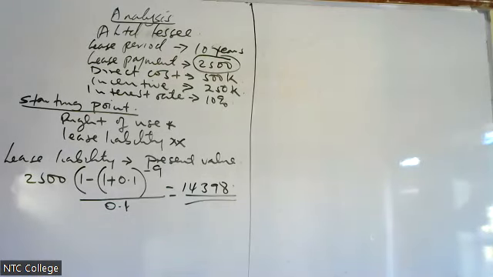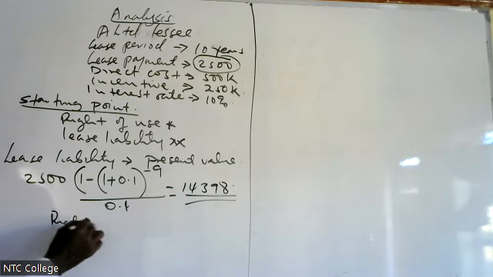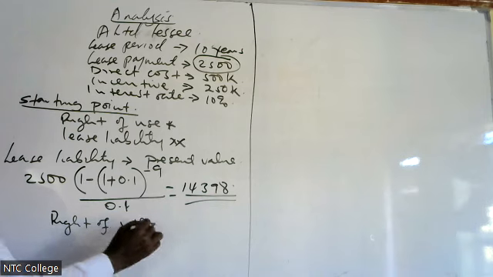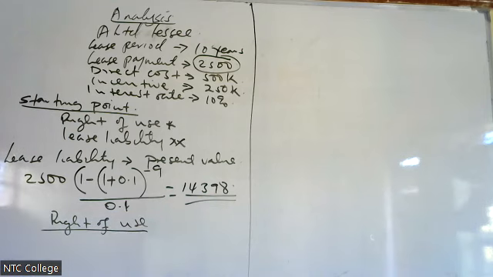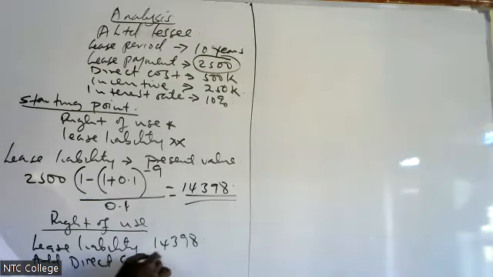Then I come to the right of use. Here you take the lease liability, which is 14,398. I add direct cost by the lessee, which is 500.